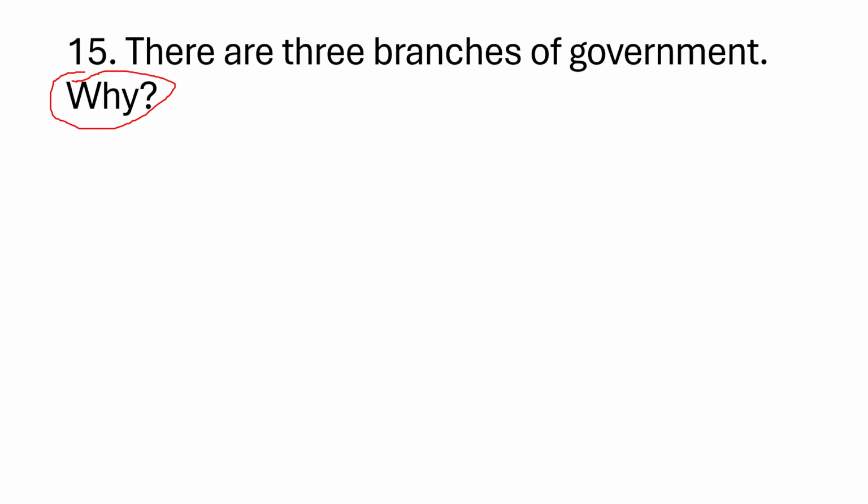So when you hear them say the phrase 3 branches of government, don't just say judicial or executive or whatever without listening to the whole question, because they're not asking you in this question to name one of them. They're asking you, why are there 3?